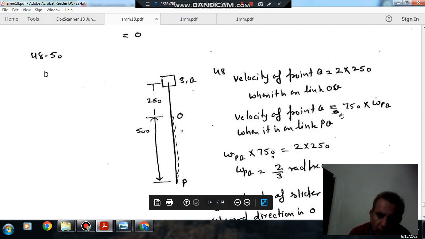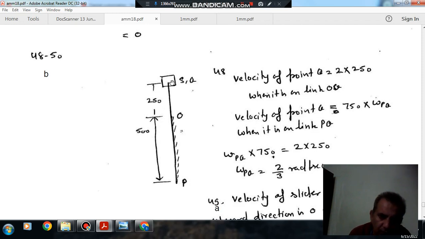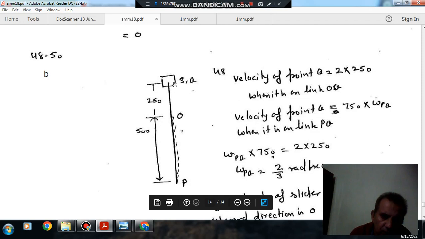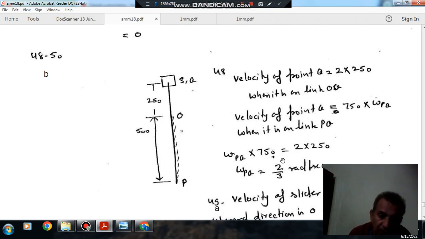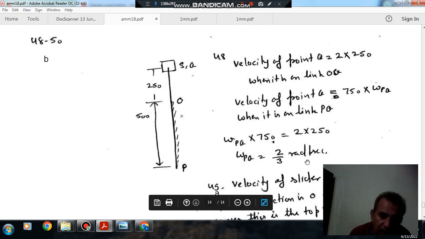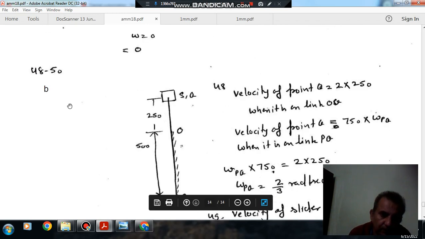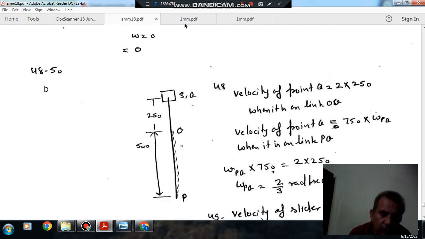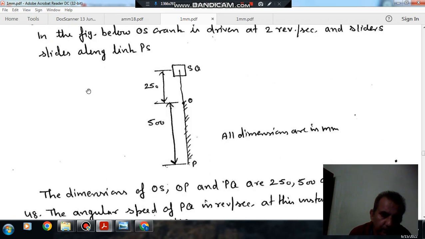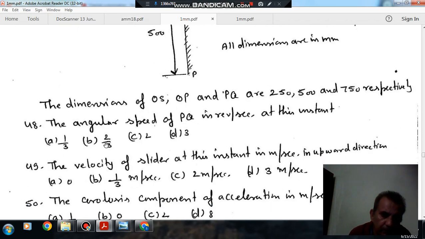The velocity of this point should remain the same whether it is on link OQ or on link PQ. So equating these two, we can find omega PQ, that is 2 by 3 radian per second. So the answer to question 48 is option B, that is 2 by 3.